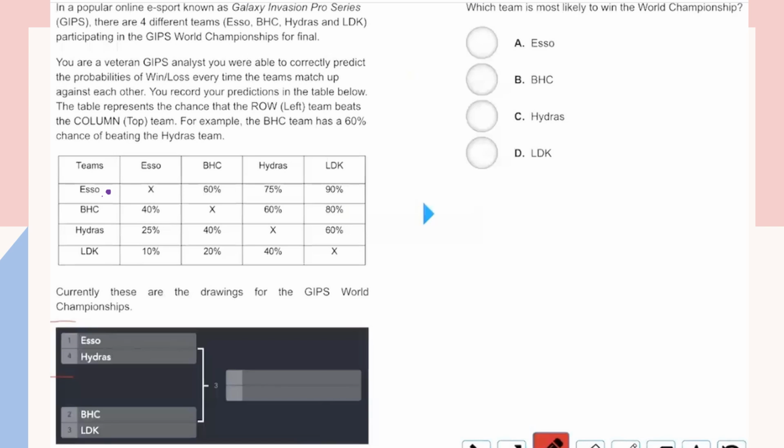So SO is Hydras, we get it here. So that is a 75% chance. Since it's 75%, I'll put it in a brighter color. It's a 75% chance that SO is qualifying. So we can write SO.